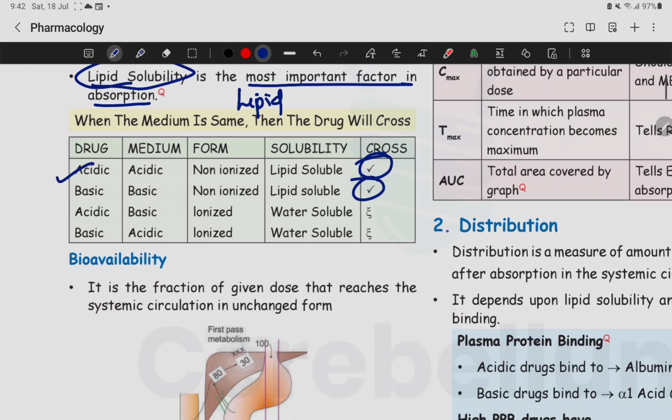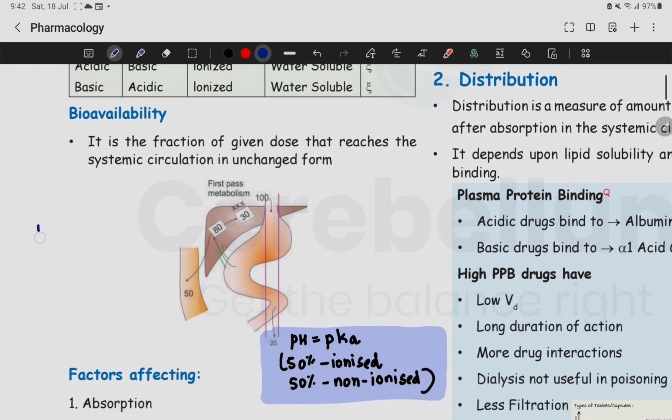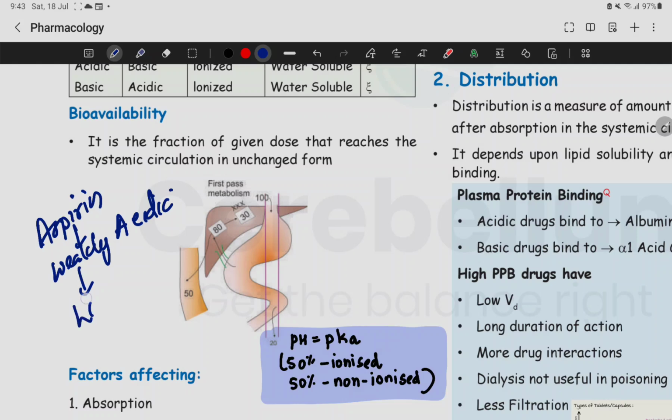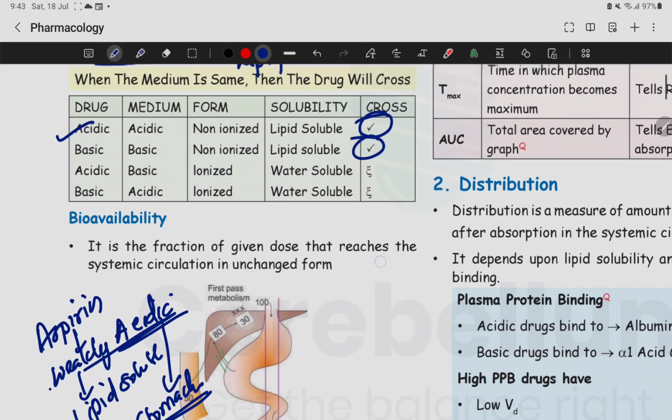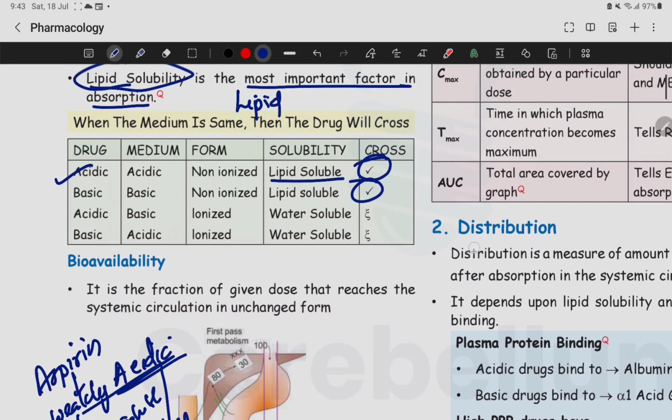For example, aspirin is a weakly acidic drug. An acidic drug becomes lipid soluble in an acidic medium. In the stomach we have an acidic medium, hence it becomes lipid soluble and absorption is better.